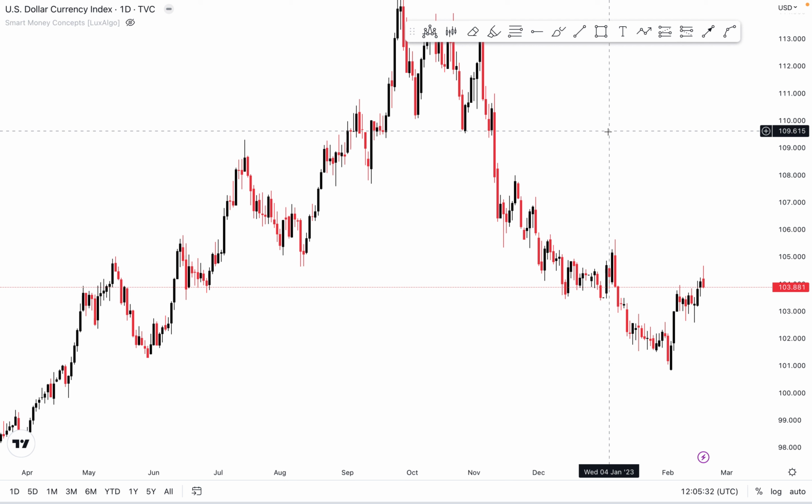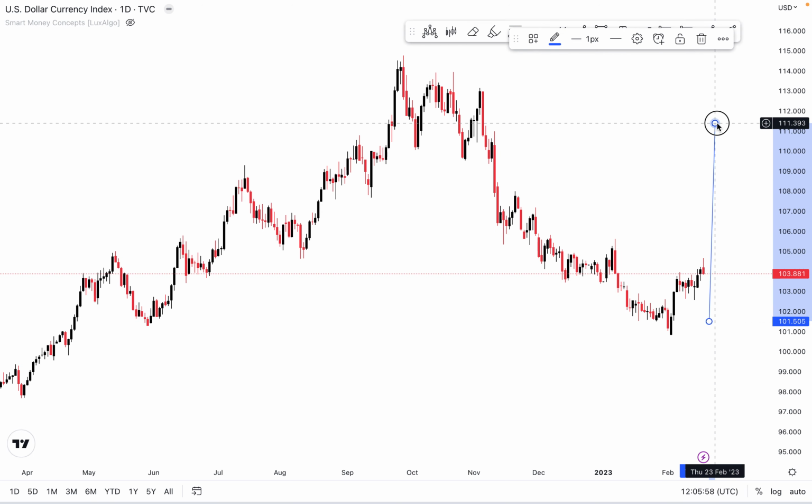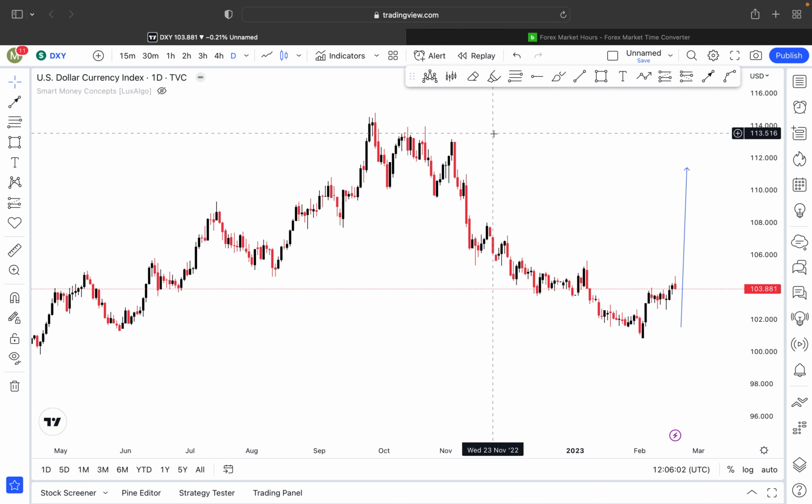GU and EU are inversely correlated with the dollar index, because the dollar index basically tells you the price of how the volume of the dollar moves. So of course, if the dollar index is pushing up, giving us an uptrend, definitely GU on the other side will be dropping, like what we have seen already.